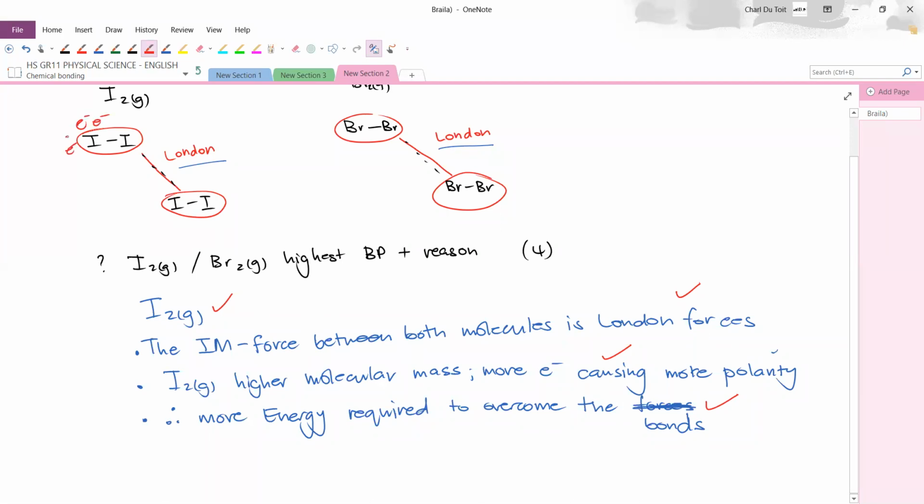There's a lot of electrons that can move to the one side of the molecule, causing a momentary dipole, a molecule that's polar for a while. This positive side becomes strong and this negative side becomes negatively strong. That means it attracts the bottom molecule quicker and easier and stronger. While bromine has got less electrons that can polarize the molecule, and that's because it has a lower molecular mass. This is very important.